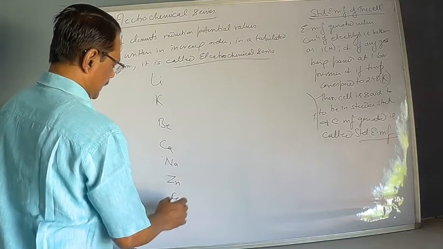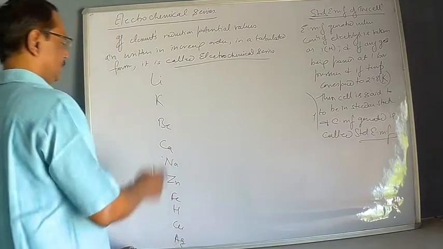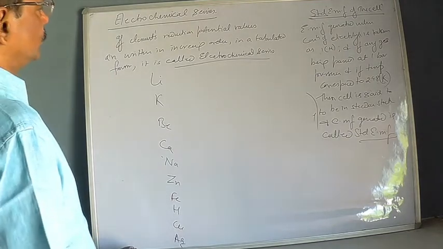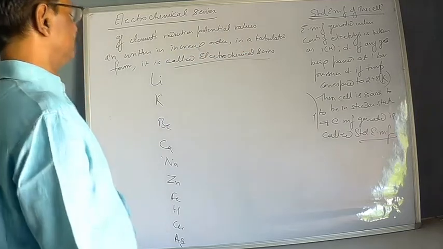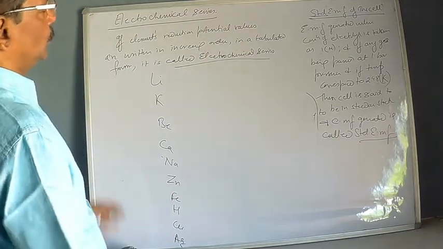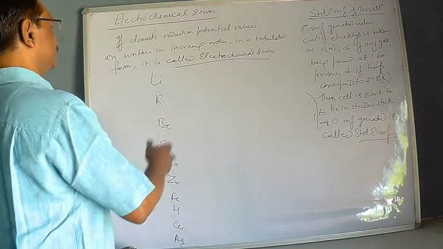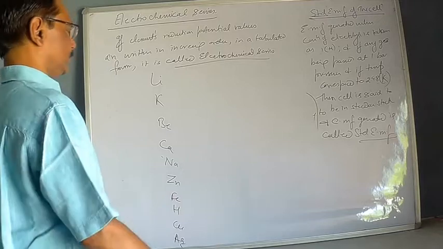Zinc, iron, hydrogen, copper, silver. Remember only this, because whenever a question is asked, reduction potential values will always be provided. It is impossible to learn reduction potential values of all the elements.